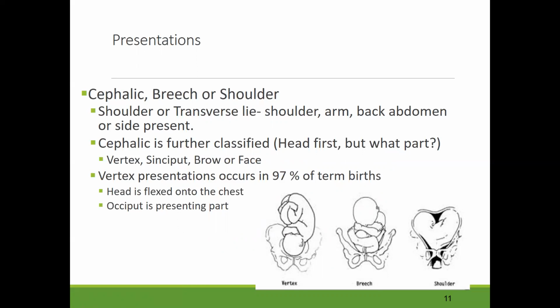So it could be the vertex, the occiput, brow, or face. Like we said, that head could be either flexed or it could be extended. So that's good to know. And then the vertex presentation, which occurs in about 97% of term births, where the head is completely flexed into the chest and the occiput is the presenting part. So that's, again, the ideal is the vertex.